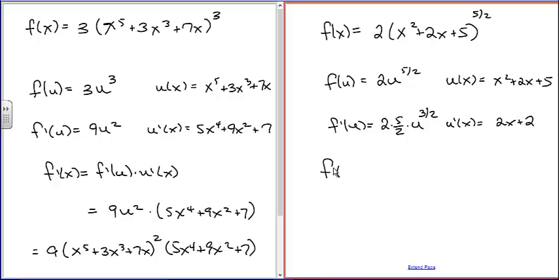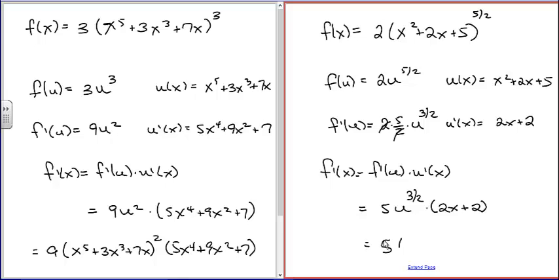The chain rule says that f prime of x equals f prime of u times u prime of x. So the 2's, you can see the 2's cancel out here. So I get 5 u to the 3 halves times 2x plus 2. Notice the parentheses. Then I substitute u back in.